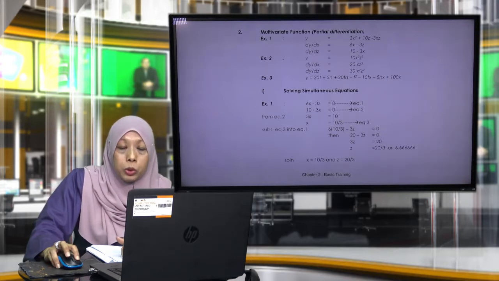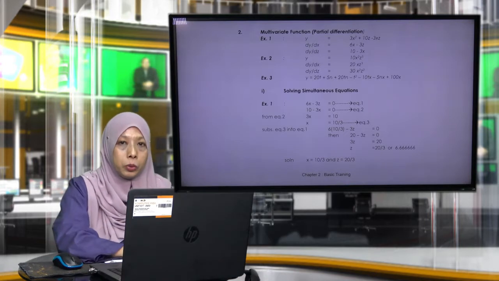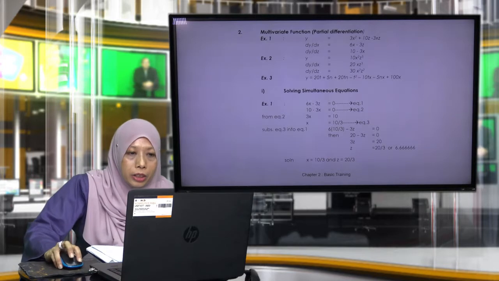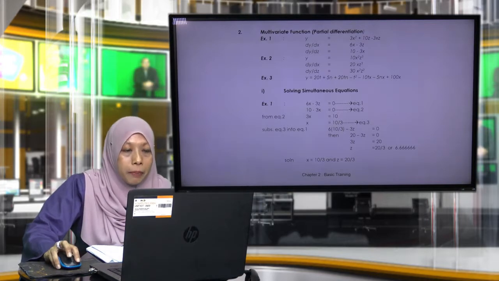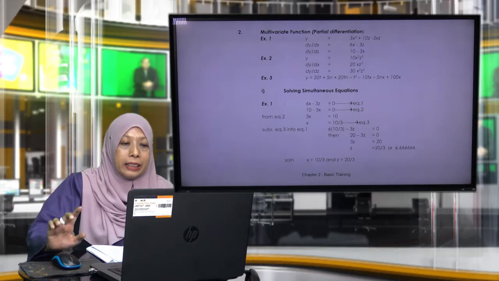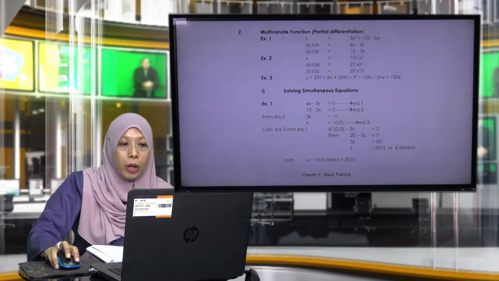This requires you to bring down the exponent for x, in this case 2. The second step requires you to write down the original function, 10x squared multiplied by z to the power of 3. And the third step requires you to reduce the exponent by 1 unit.